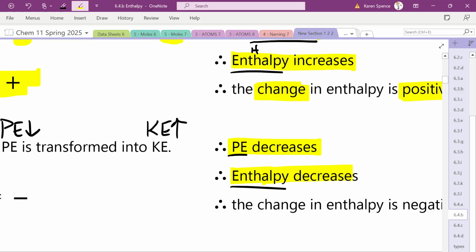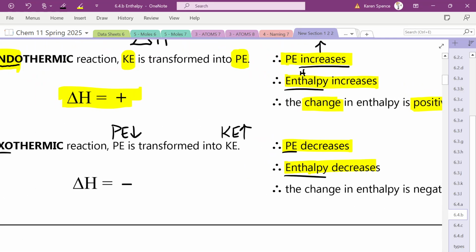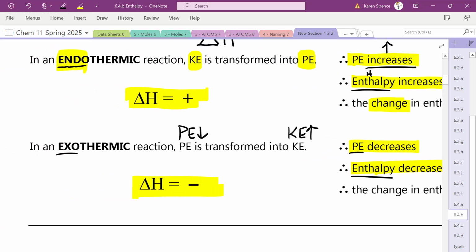And if something is decreasing, its change is negative. So the change in enthalpy is negative. So for an endothermic reaction, change in enthalpy is positive. An exothermic reaction, change in enthalpy is negative. And we don't usually say change in enthalpy. We usually just say delta H. So when I say delta H, that just means change in enthalpy.